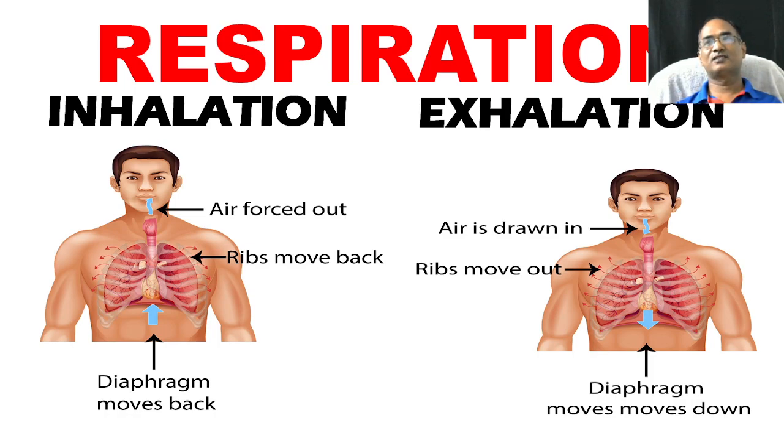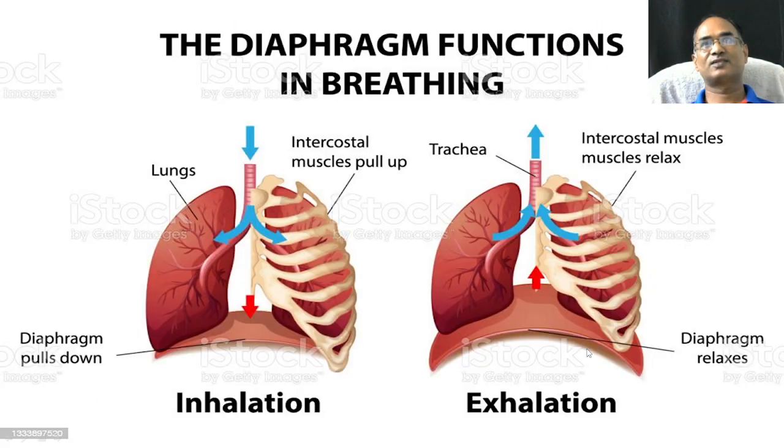Those unwanted gases can be expelled by relaxing your diaphragm and reducing the size and shape of your thoracic area, so that the unwanted gas can be expelled from the lungs to the atmosphere. That is called exhalation. So this is about how your diaphragm contributes to making your system perform perfect inhalation and perfect exhalation.